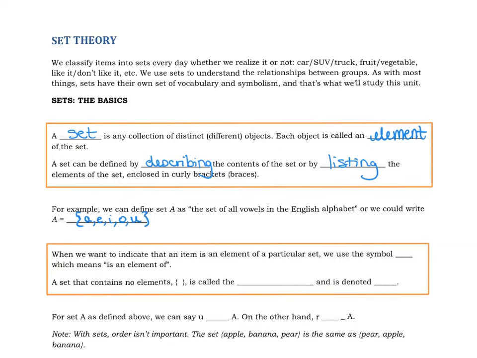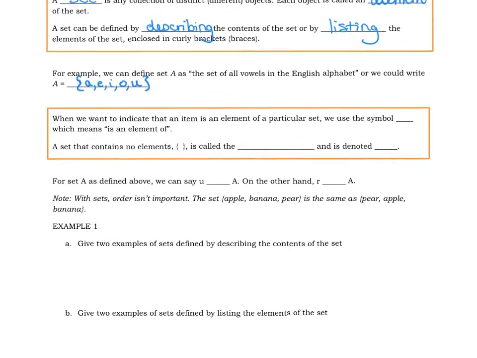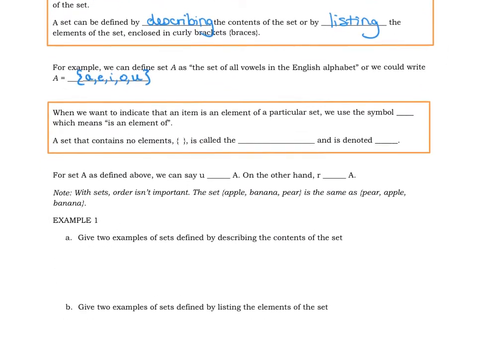Now, when we want to indicate that an item is an element of a set, there is a symbol for that. The symbol is that one right there. It's a little epsilon, and that is spoken as "is an element of." It's also possible that a set contains no elements at all. That is known as the empty set, and there is a notation for that.